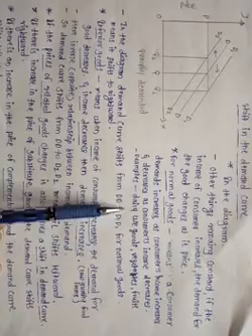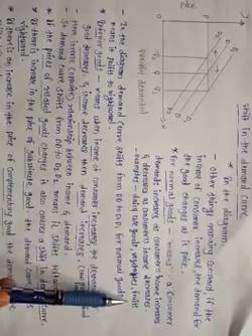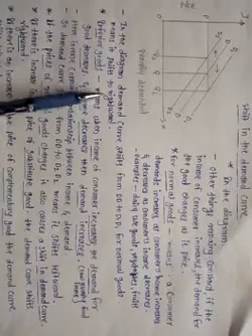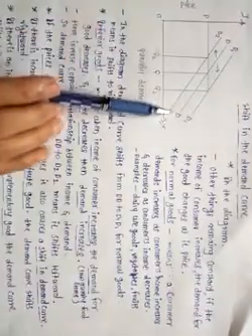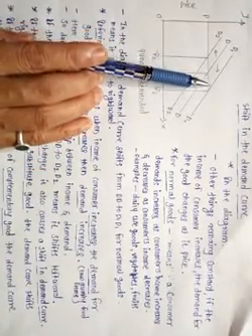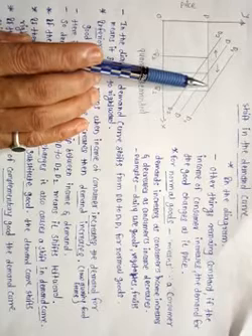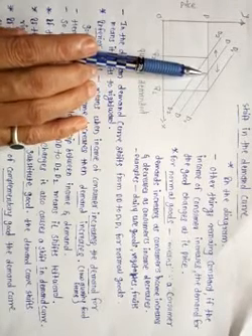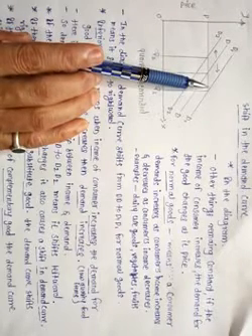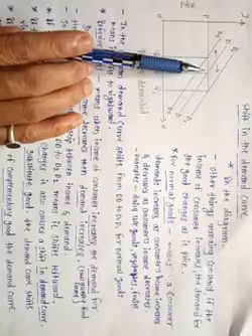For example, daily use goods like vegetables, fruits, etc. So for normal goods, the demand curve shifts from DD to D1, which means the demand curve shifts rightward. Why does it shift rightward? Because if the income of the consumer increases, the demand for the good also increases. So the demand curve shifts rightward.